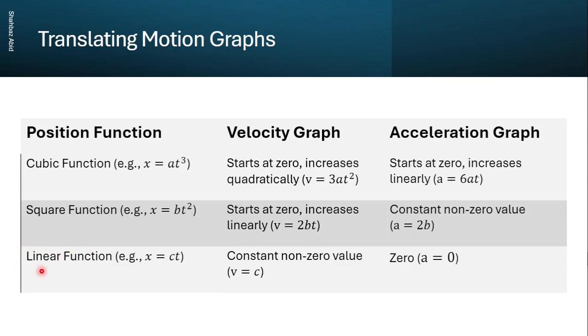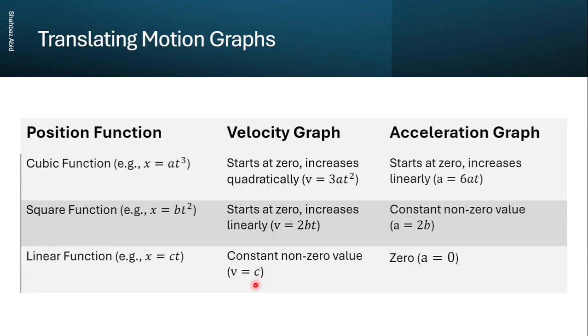If the position function is linear, which means the power of t is equal to 1, x is equal to some constant c times t. If I take the derivative of this function, it will give me the velocity and it's going to be a constant non-zero value. It will not have any slope because the time has a power equal to 0.